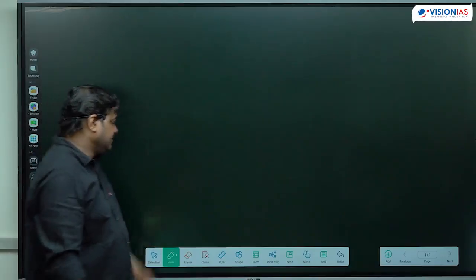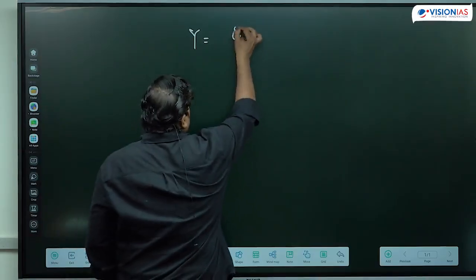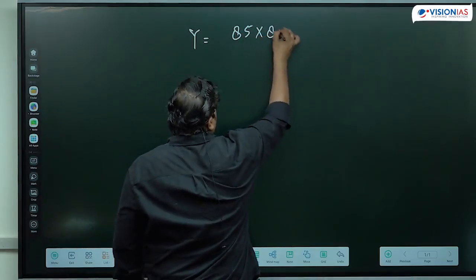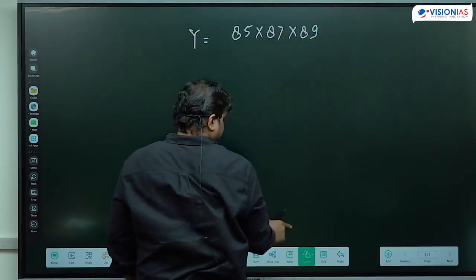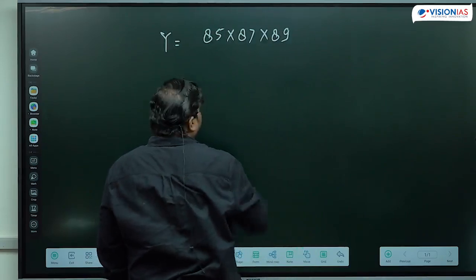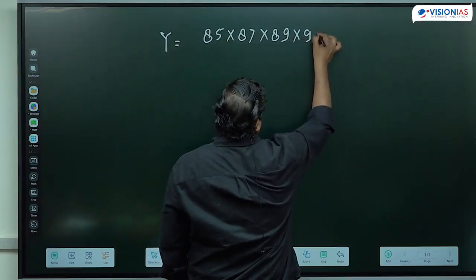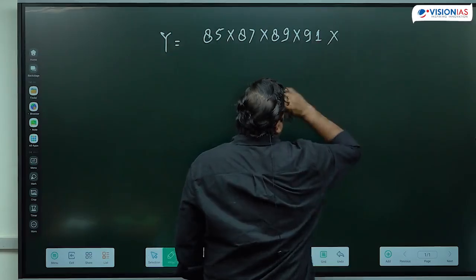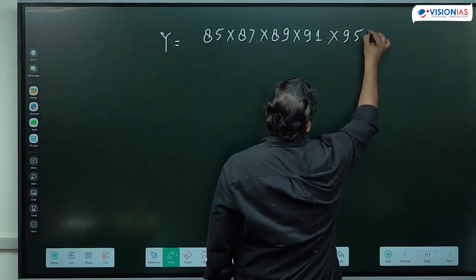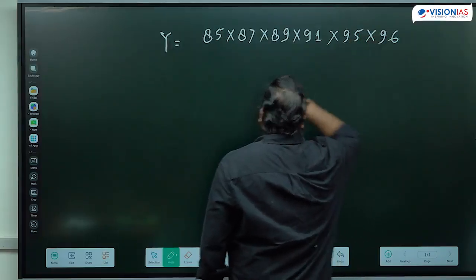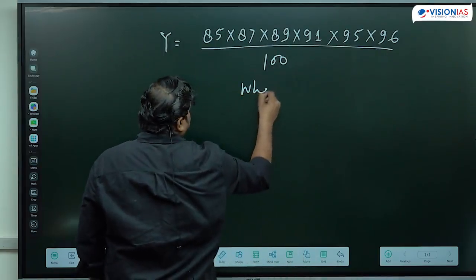If I write a question this way, divided by 100, what will be the remainder?